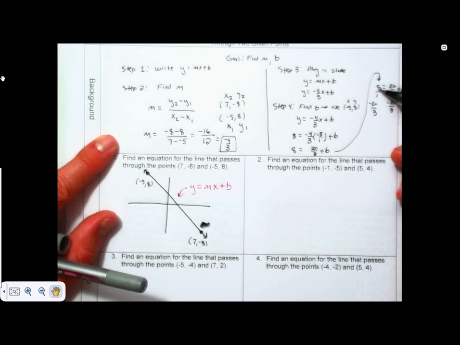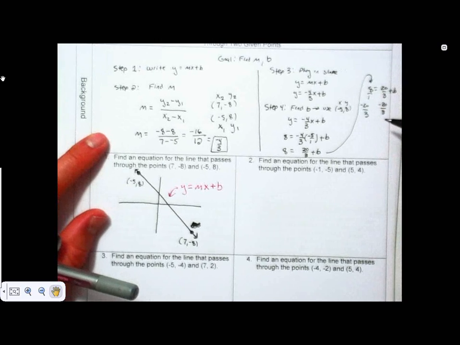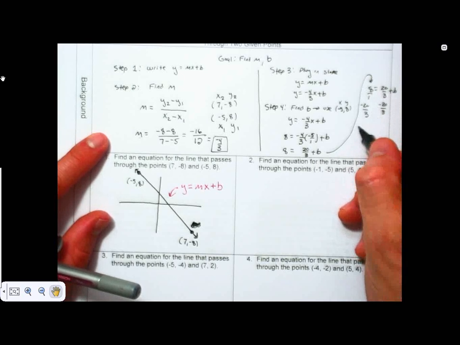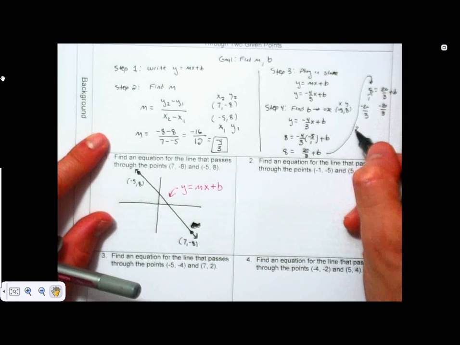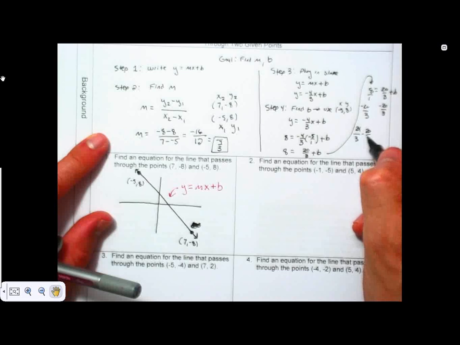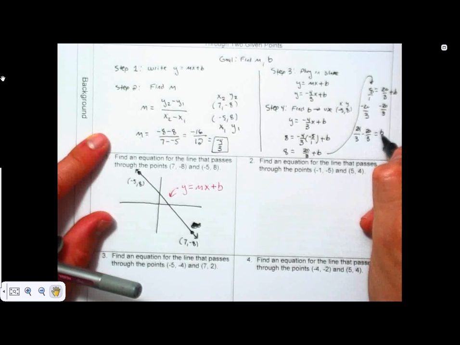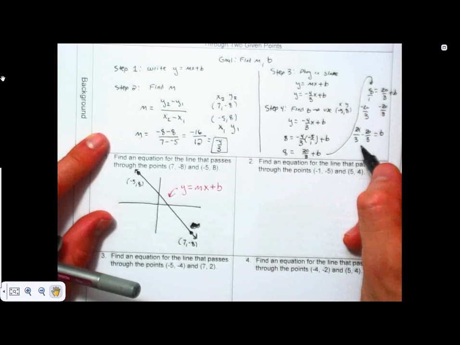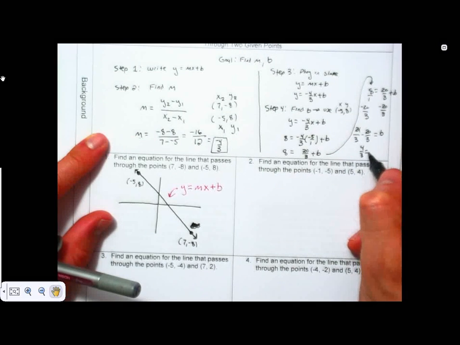But now I'm trying to subtract two fractions, which means I need a common denominator. So I can multiply 8 over 1, top and bottom, by 3. That gives me 24 over 3 minus 20 over 3 equals b. If I do the subtraction, I get 4 over 3 equals b.